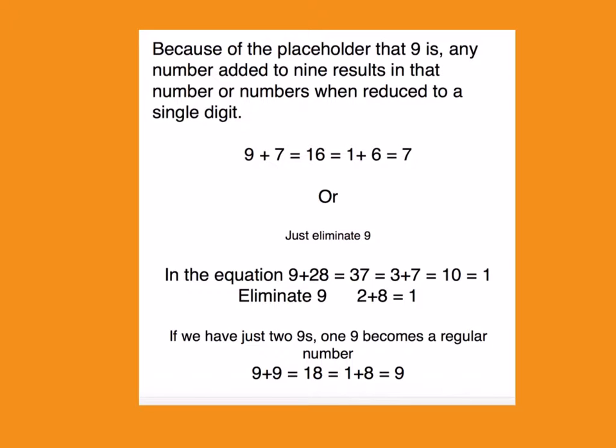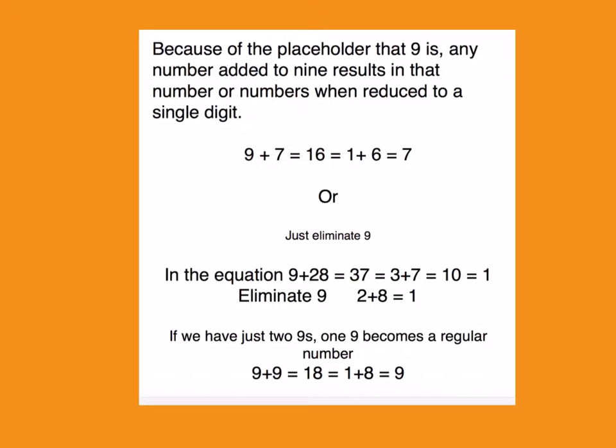9 plus 7 is 16. 6 and 1 is 7. That's how we reduce. Now, this gets easy because we can't add anything to 9 in this system. We can take 9 out of every equation, and we'll come up with the same single-digit answer. 9 plus 28 equals 37, and that equals 3 plus 7 equals 10.